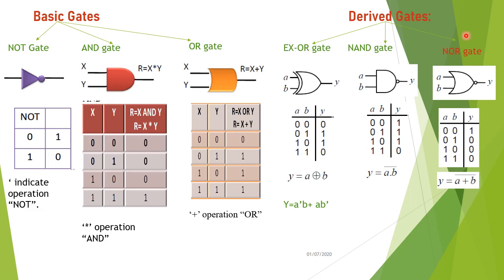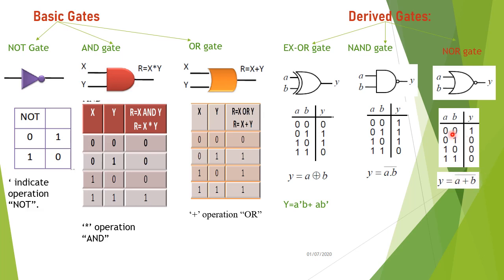The last derived gate is the NOR gate. NOR is again termed as the NOT OR gate. In the symbol, we can see first the OR gate is present, and then in front of it again a bubble is present. That's why in the Boolean expression also we can see it has the value A ORed with B, and then the result has been complemented or inverted.